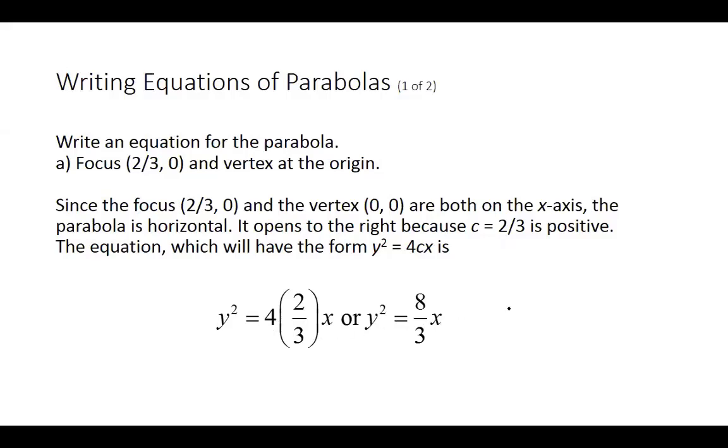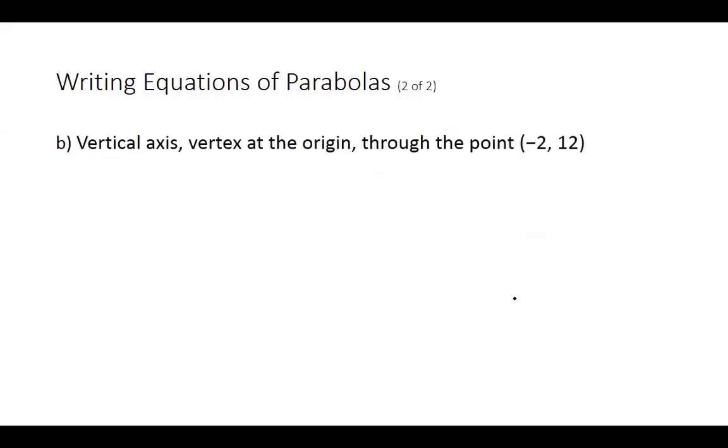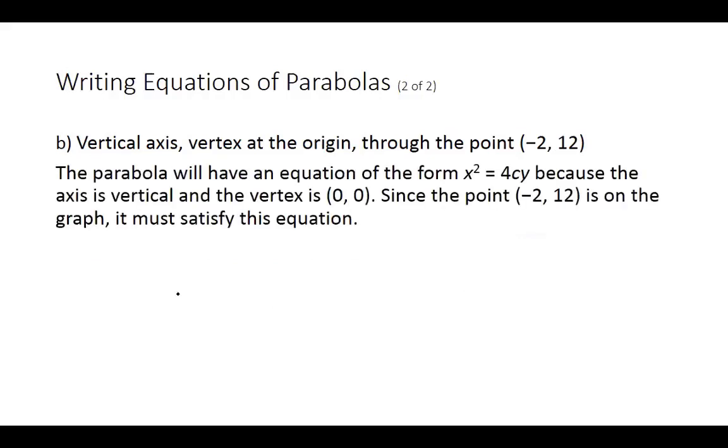Simply multiply these numbers. Vertical axis, vertex at the origin, through the point (-2, 12). That's the second part. The parabola will have an equation of the form x squared is equal to 4cy, because the axis is vertical and the vertex is at the origin. Since the point (-2, 12) is on the graph, it must satisfy this equation.